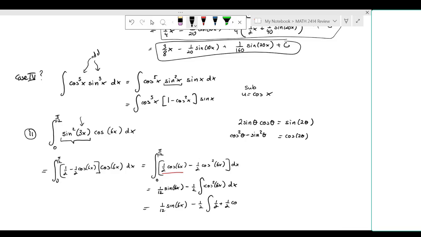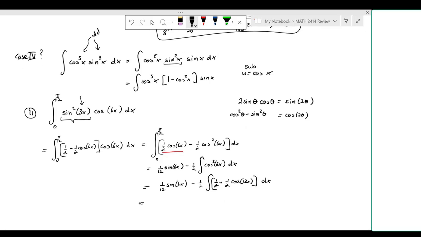Remember, you double the angle, cosine of double the angle. All right, anyway, and then you can anti-differentiate. So you get a fourth 48. And then I guess we can plug in the bounds of integration.